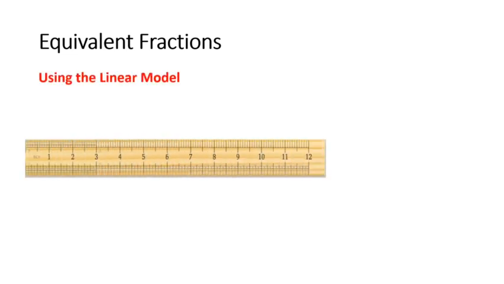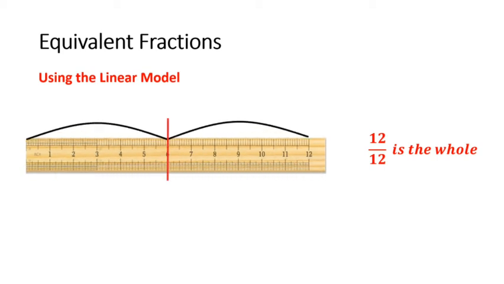Let us look at the linear model. If we had a ruler that was divided into 12 equal parts, then 12/12 is the whole. If 12/12 is indeed the whole, then a half would be 6/12.